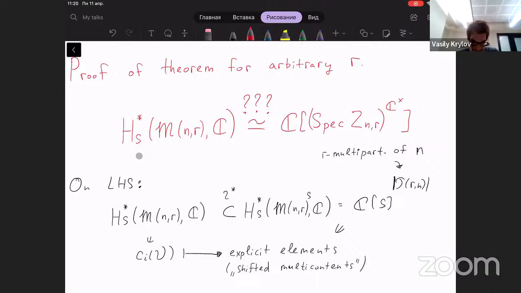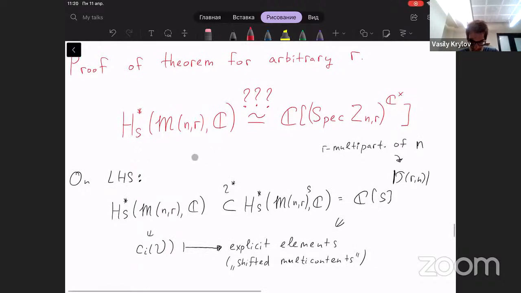Okay, great. So now R is any, and we want to compare this algebra, the cohomology of M_R, with the functions on the schematic fixed points of the center of the rational Cherednik algebra. On the left-hand side, the picture is the same as we discussed.